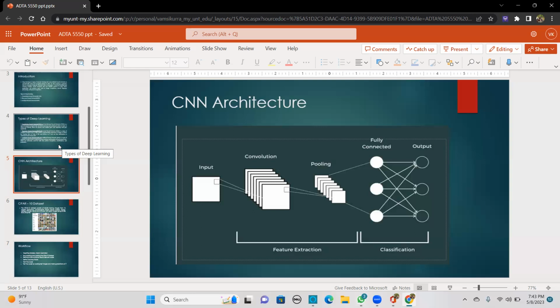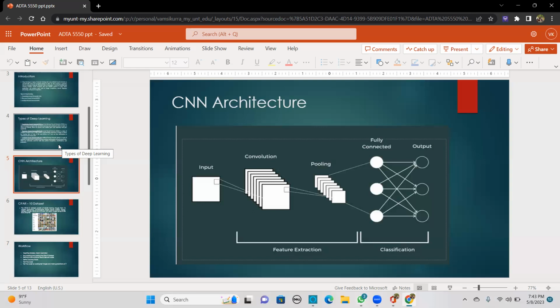The fully connected layer takes the output of the previous layers and flattens it into a one-dimensional vector. This vector is then fed into a fully connected layer, which consists of neurons that are connected to all the neurons in the previous layer.